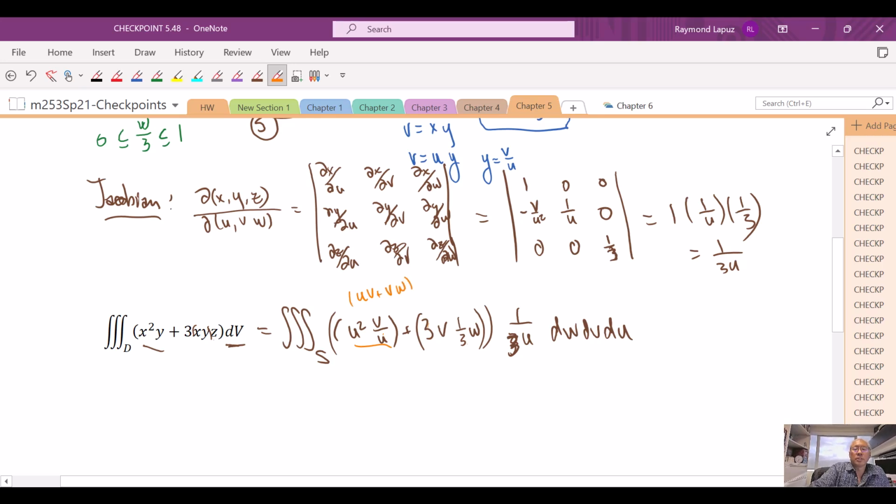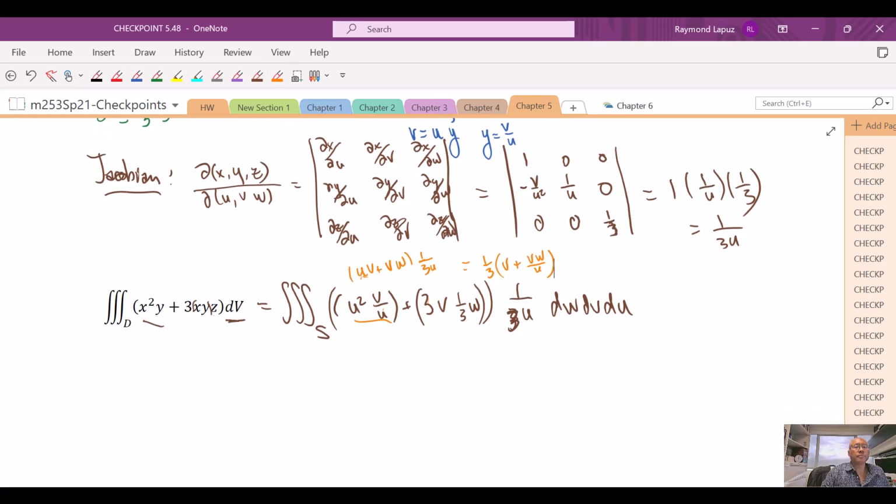Oh, but we're also adding this 1 over 3u. So we have a 1/3 that can go out. The u would cancel with this u, so that's just the v for the first term. And then nothing cancels, unfortunately, so we have vw over u for the second term.